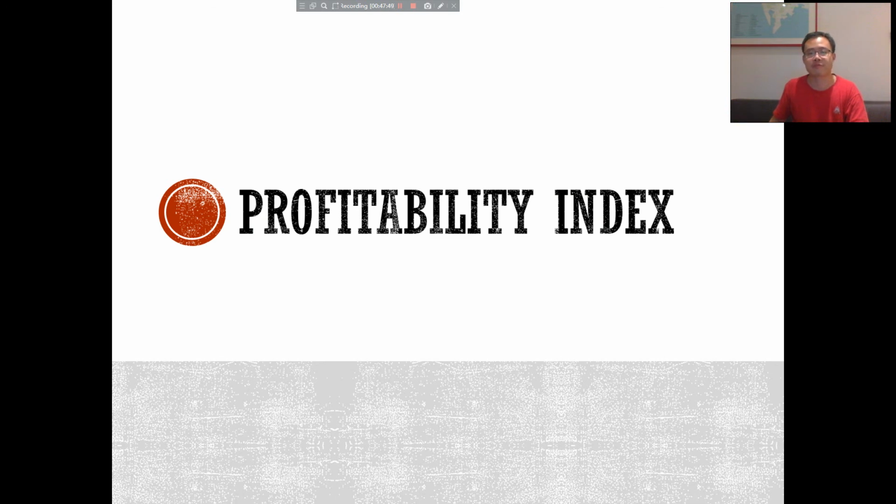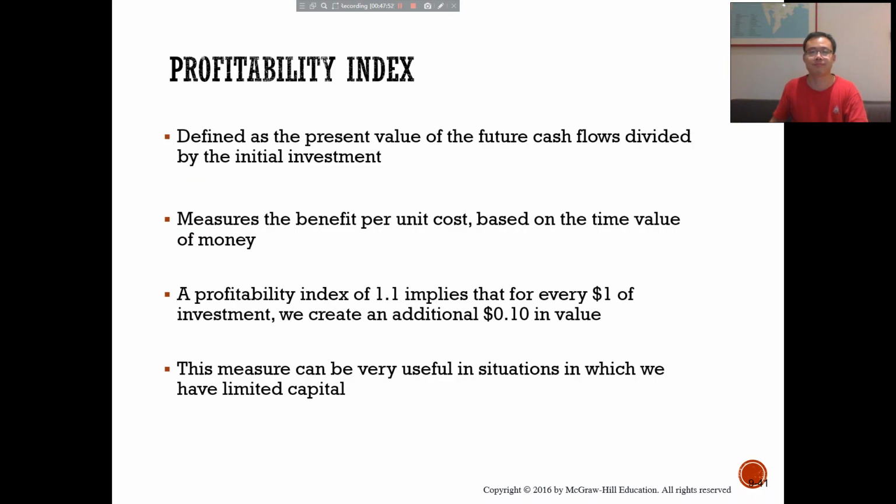The last one is the profitability index. It is defined as the present value of future cash flows divided by the initial investment. It measures the benefits per unit cost based on the time value of money.